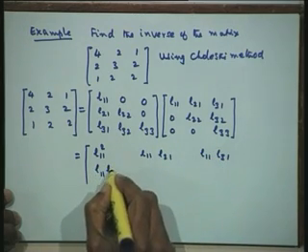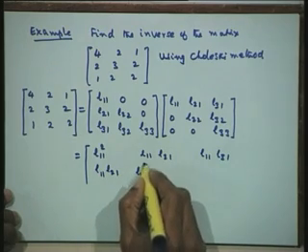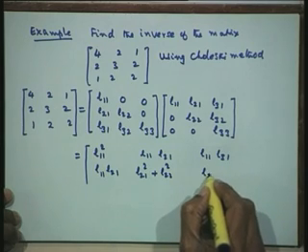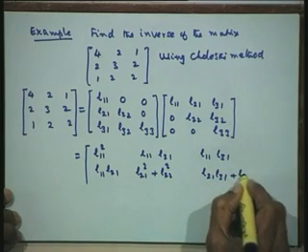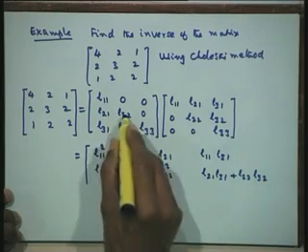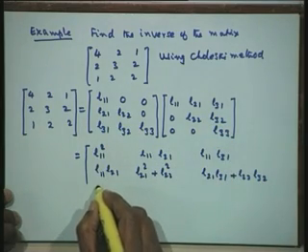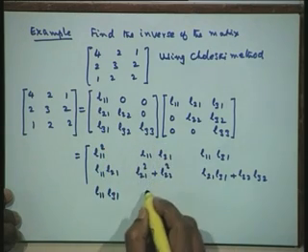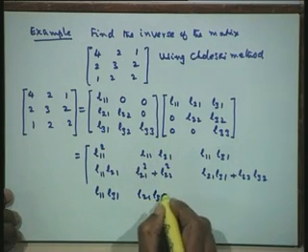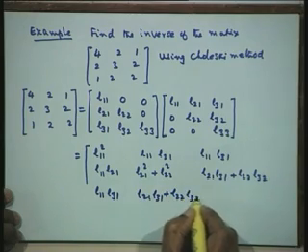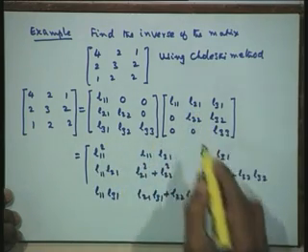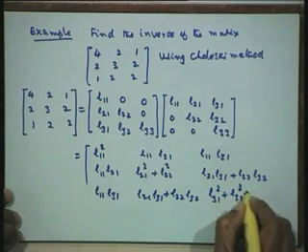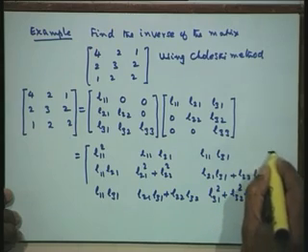Then we have L 2 1 square plus L 2 2 square, then L 2 1 L 3 1 plus L 2 2 L 3 2, that is the product of second row third column. Then L 1 1 L 3 1, then L 2 1 L 3 1 plus L 2 2 L 3 2, that is third row second column, and lastly L 3 1 square plus L 3 2 square plus L 3 3 square.